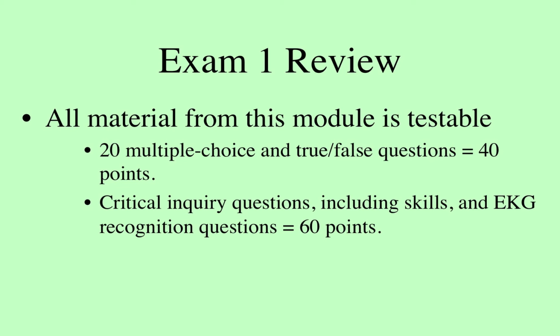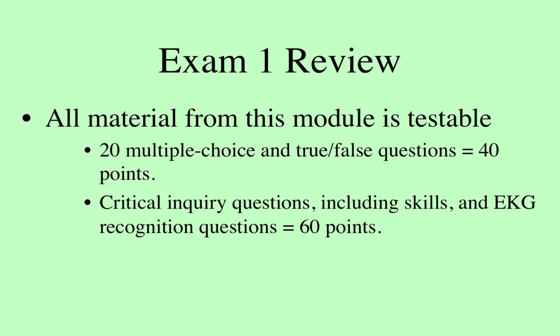What you'll be doing on these critical inquiry questions is mainly looking at EKGs and determining things like, for example, what's the rotation? What we did before that, the axis, determining the rate, the rhythm, the intervals, all the skills you've had in looking at EKGs and coming up with that information.